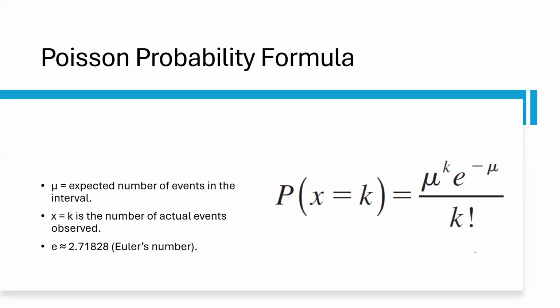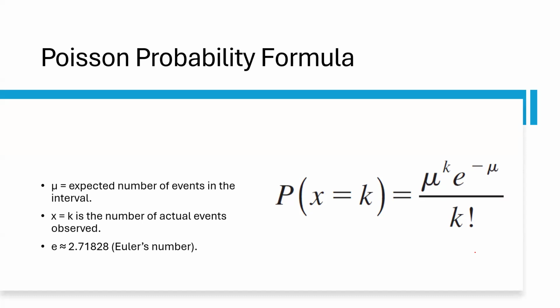Here's the formula for the Poisson probability. So our probability of X being equal to k is mu, the mean, to the k, e to the negative mu, over k factorial. Let's break that down. Mu is the average number of events in the interval. X equals k is the actual number of events we're calculating the probability for. e is Euler's number.